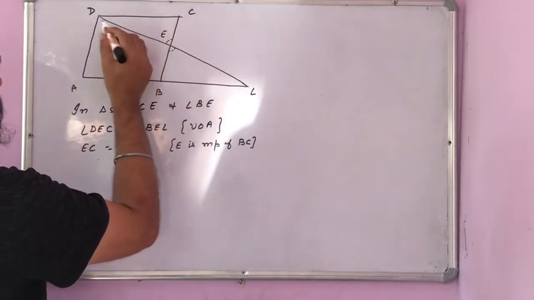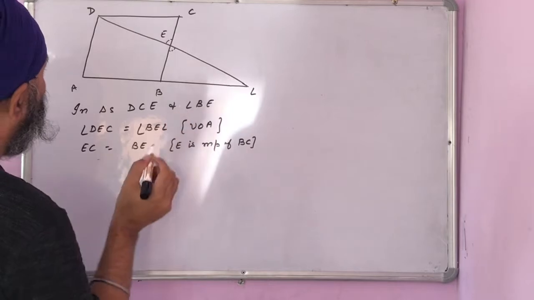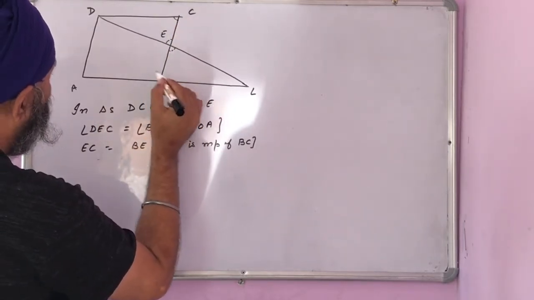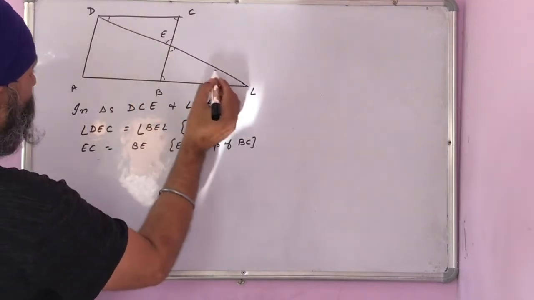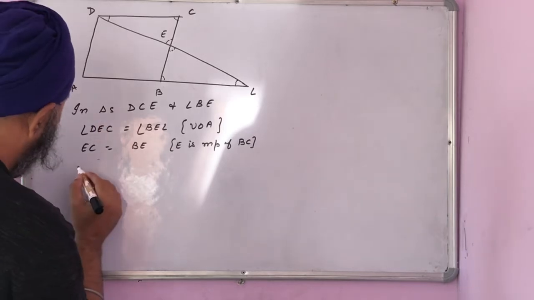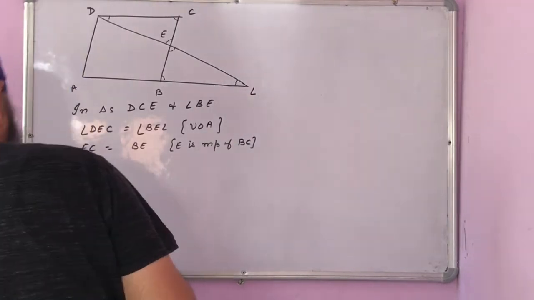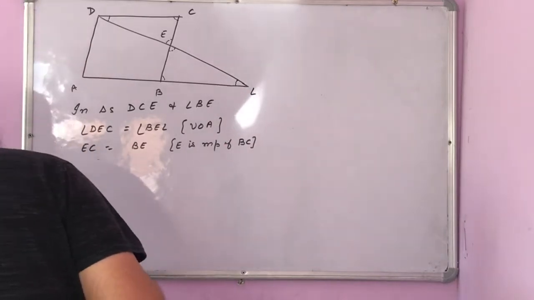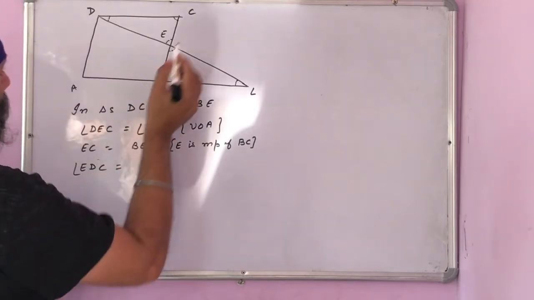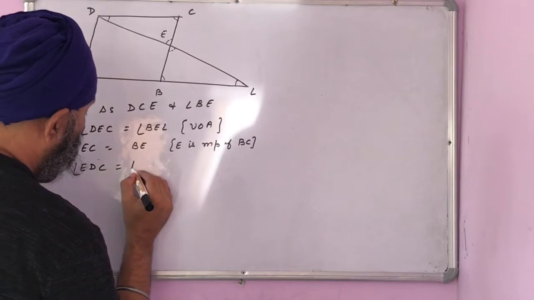Then these two lines are parallel. DC is parallel to BL. These two angles will also be equal. Angle EDC is equal to angle BLE.